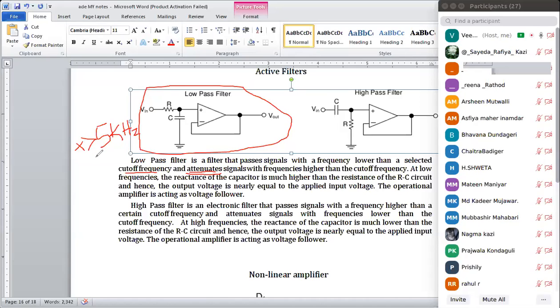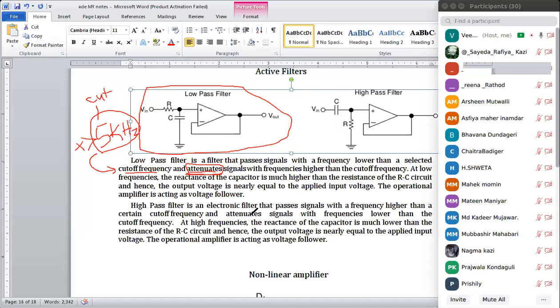It will pass only the frequency below 5 kilohertz. So this 5 kilohertz is called the cutoff frequency, and the stopping of the frequency higher than this is called attenuation.